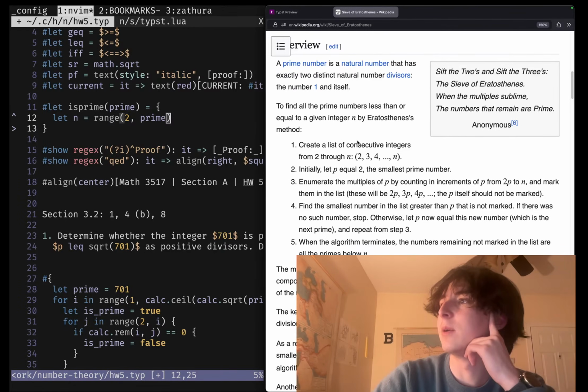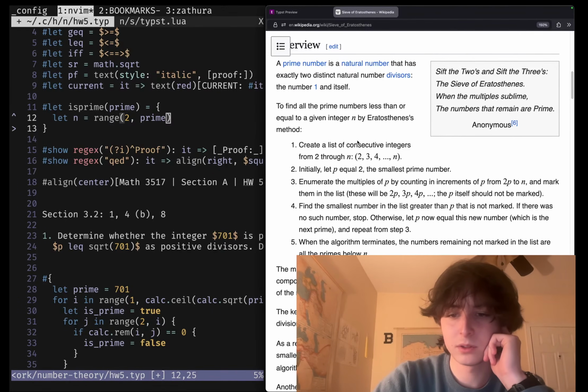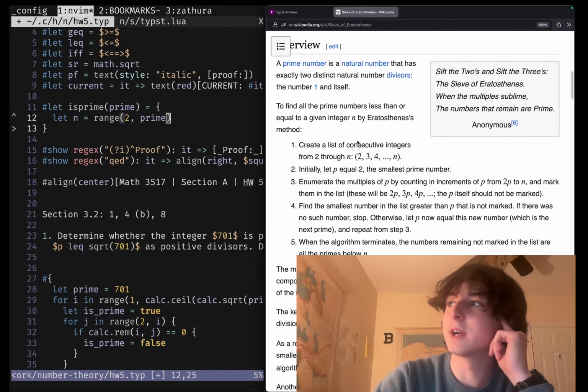This sieves out... Yeah, crossing out multiples of 2, 3... But this isn't actually what I want. I just want to rapidly verify whether or not a number is prime.